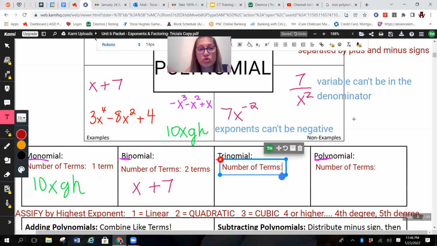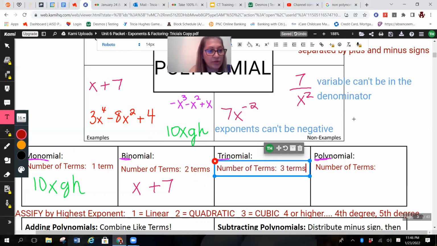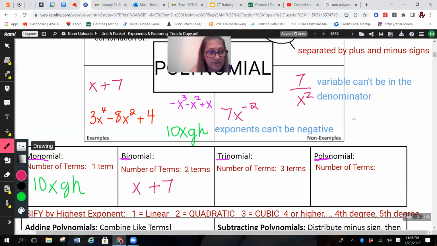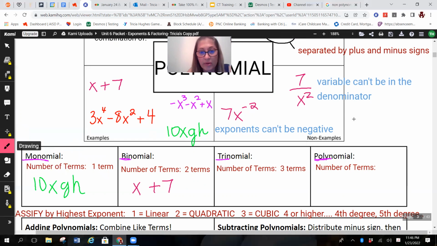Okay, what about a trinomial? Think about a tricycle. The trifecta. Yep, it means 3 terms. So in our example of a polynomial, the example in red is a trinomial.